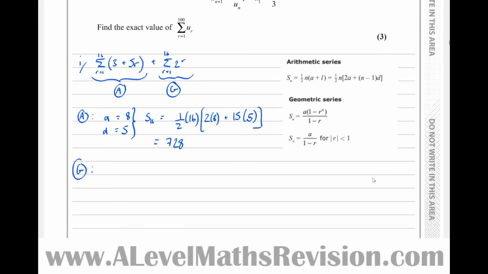So for the geometric part, when r equals 1, I can see that the first term is 2, and the common ratio is also 2.